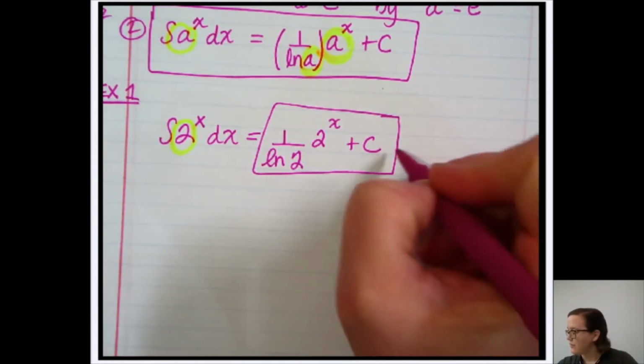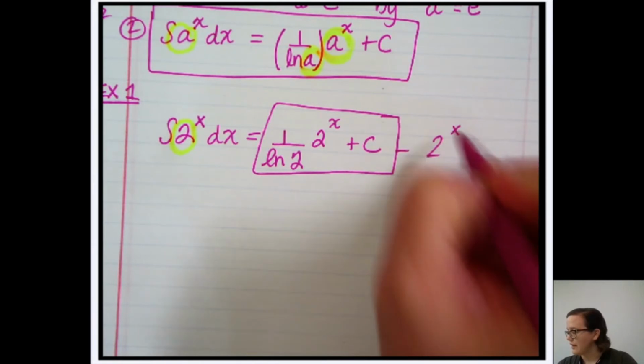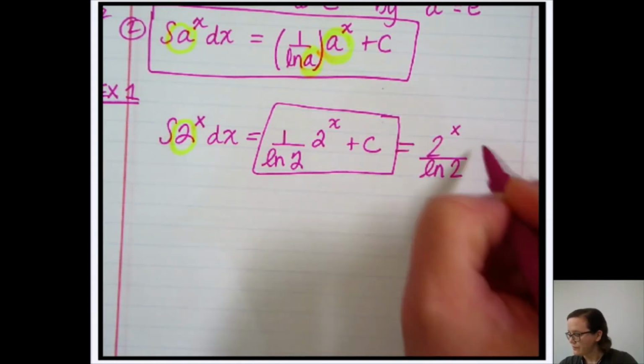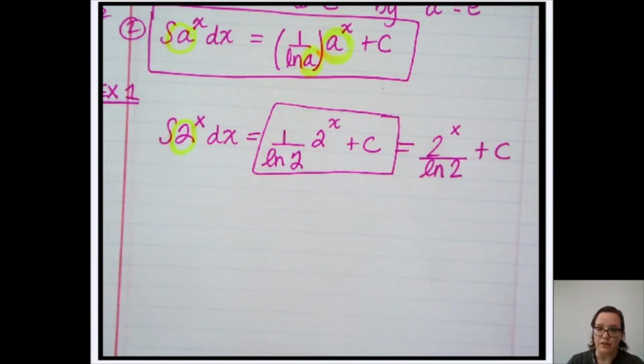If you'd prefer, you can put 2 to the x over natural log of 2. If you don't like natural log of 2, you could always use a decimal approximation, taking 1 divided by natural log of 2. That would be your most basic example, a very simple exponential function.